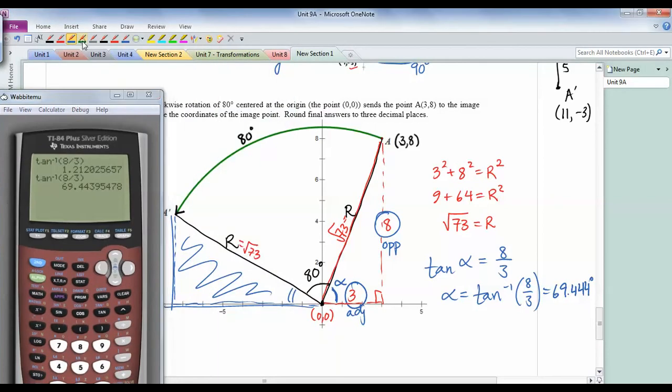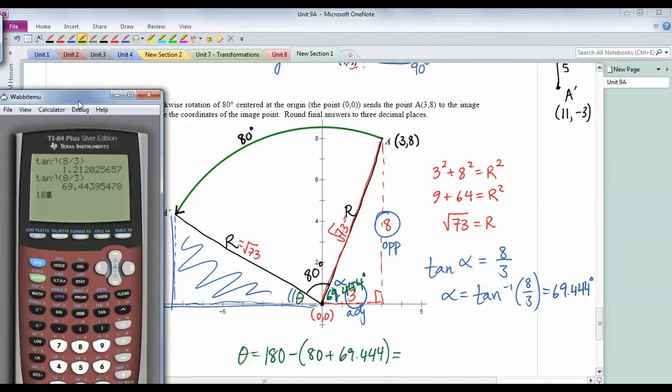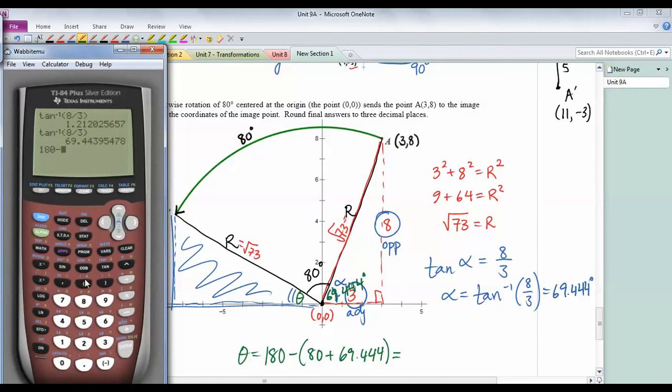So let me mark that up. So this one, I'll use a different color. 69.444 degrees, approximately. So then this one, I'll call this one theta. So theta is going to be 180 minus the 80 plus that 69.444.